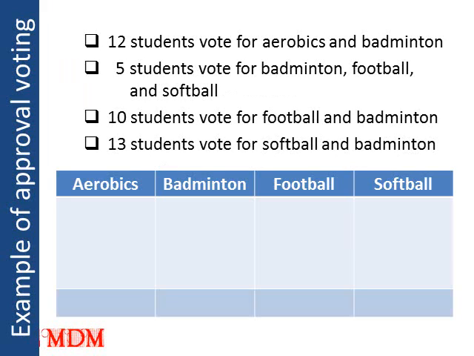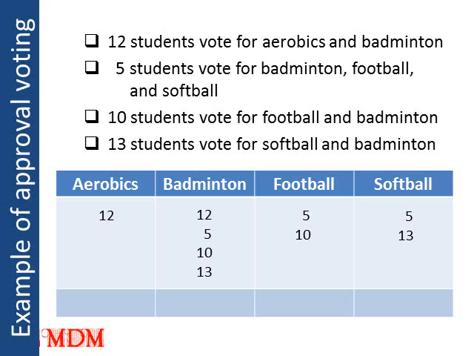We know that we have this particular set of votes, and so let's put them in our table so that we can determine what activity will be the winning activity. So we have 12 students for aerobics and badminton, 5 students for badminton, football, and softball, 10 students for football and badminton, and 13 students for softball and badminton.